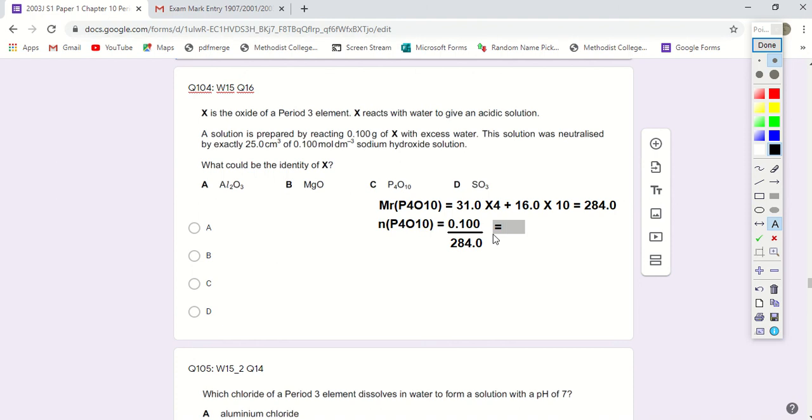Okay, the answer is 3.52 times 10 to the power of -4 mole.